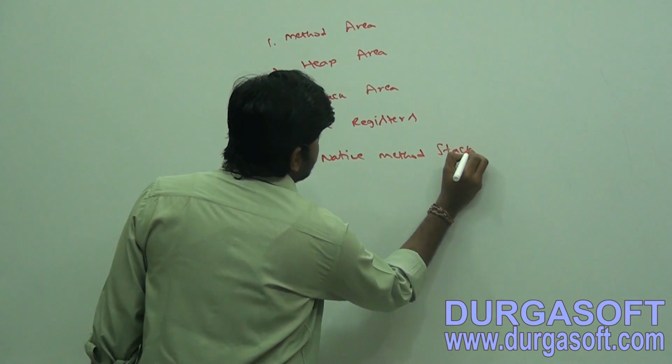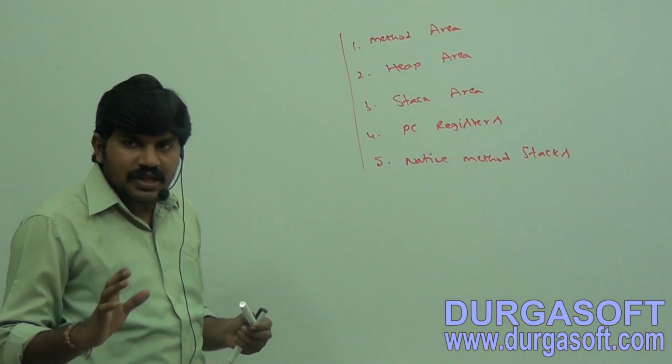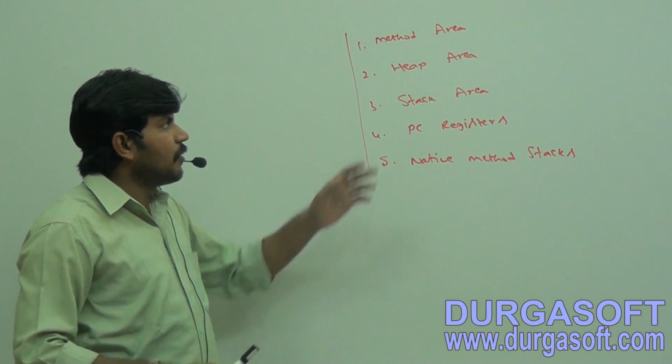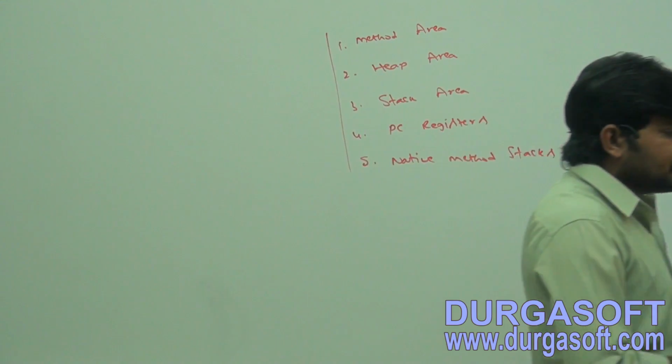So total JVM memory is organized into these 5 memory areas.